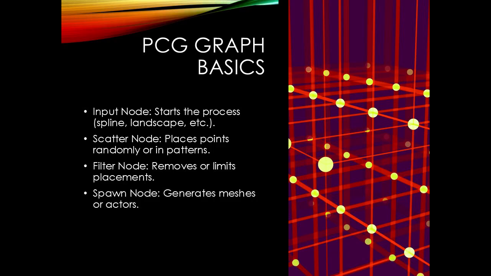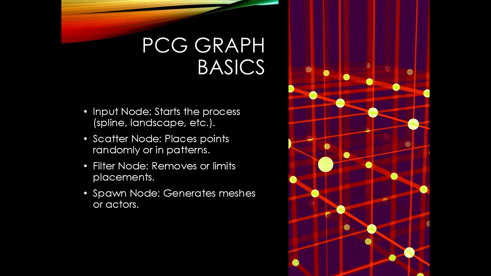Filter node. Because scatter gives you a lot of points, you usually filter them. You can restrict points by distance, slope, tags, probability, or any custom rule. Spawn node is the node that places the actual object. Walls, windows, props, roof pieces, anything.